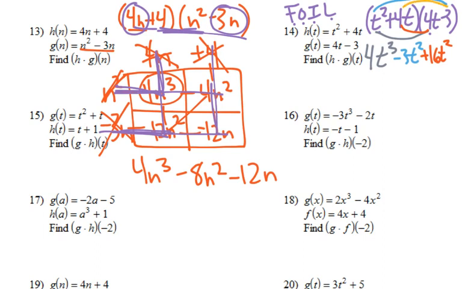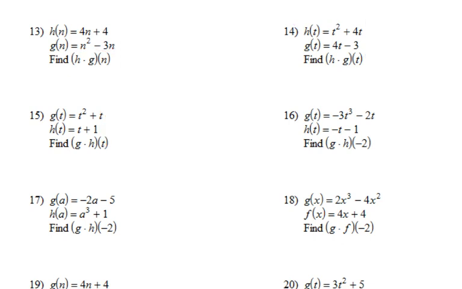Then the last, 4t times negative 3, negative 12t. So then we'd rewrite it: 4t cubed. Negative 3 plus 16 would be a positive 13t squared minus 12t. And that's all we do. It's the same process. I think the area model does help show your information a little better.